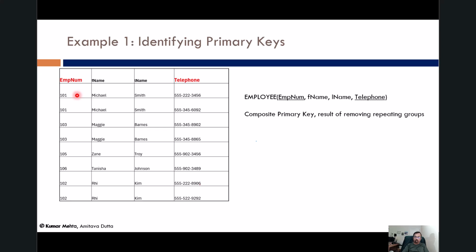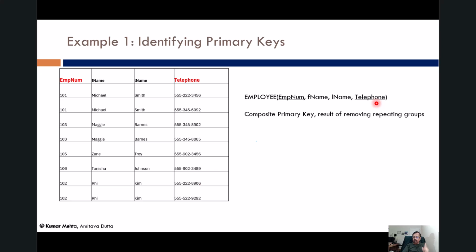I need to know both the employee number and the telephone number. If I specify to you the employee number and the telephone number, then I can uniquely identify any row in the table. So what has happened? I have fixed the repeating group problem, but in the process, I have complicated the primary key. I now have a composite primary key. You can see these two columns are identified.